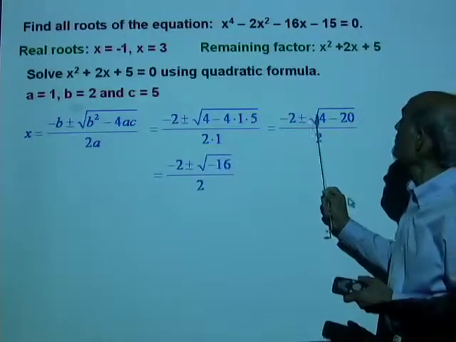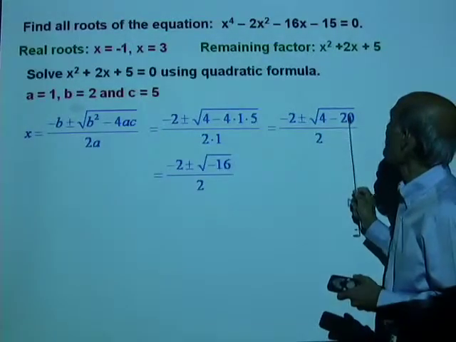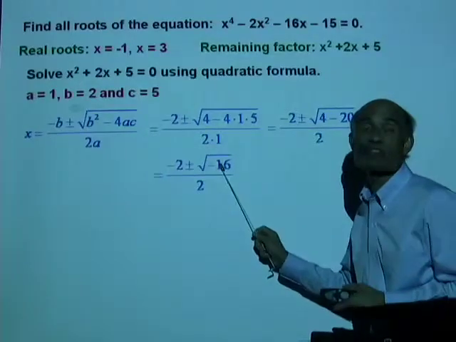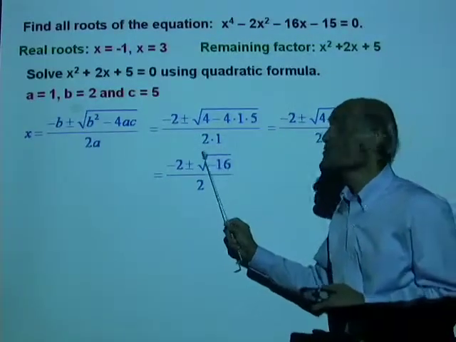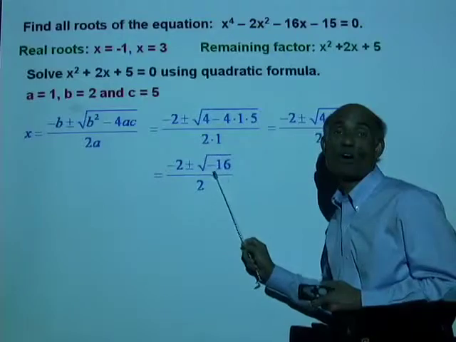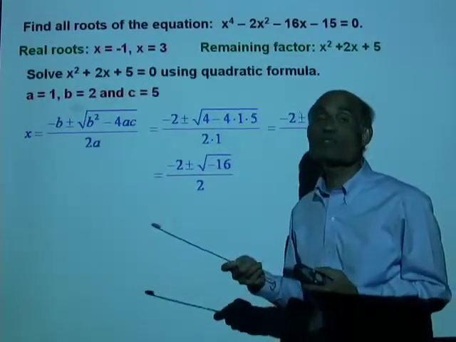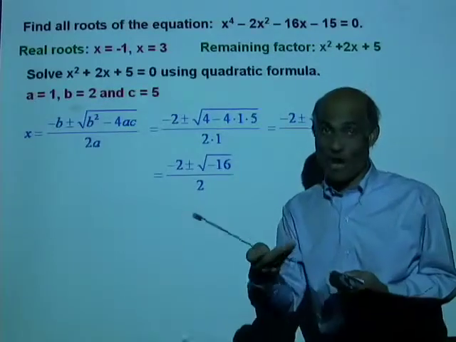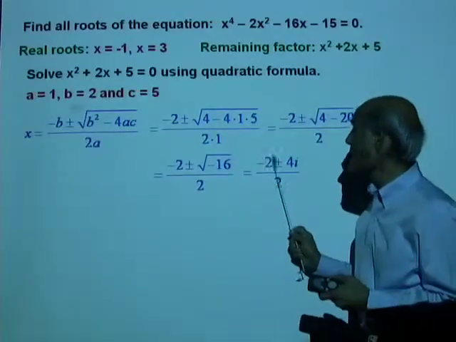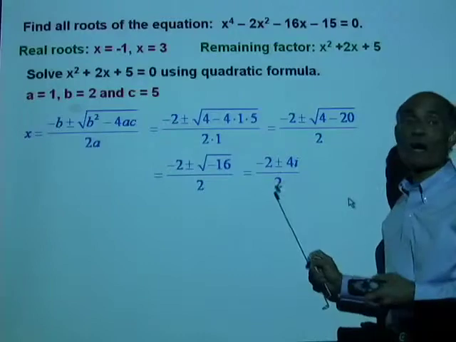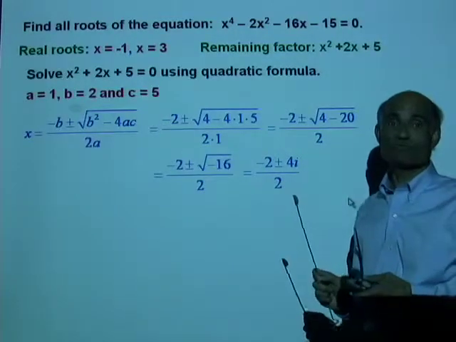That is the square root of negative 16, and you know from many of our problems before, square root of negative 16 is 4i. That's right. So that will be negative 2 plus or minus 4i divided by 2.